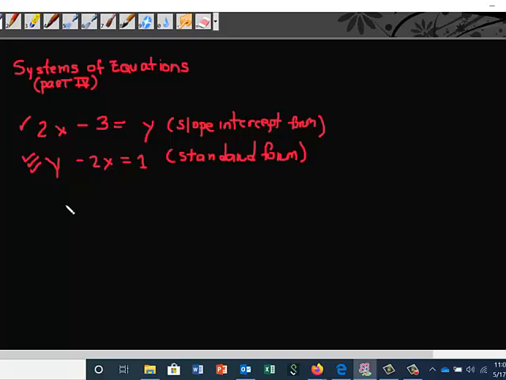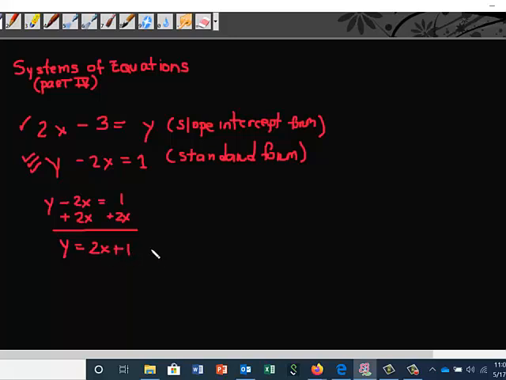So what we do is we isolate the variable y by taking the term negative 2x and adding positive 2x to both sides. So next we have y will equal 2x plus 1.